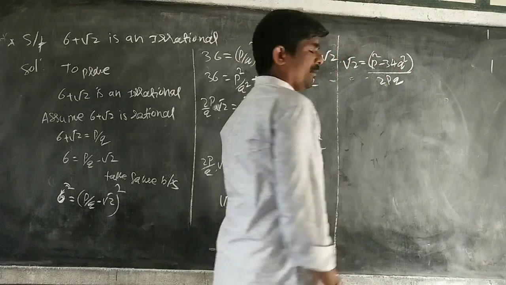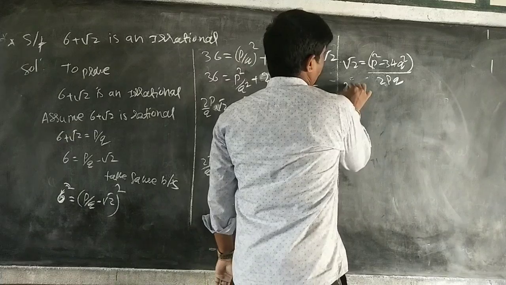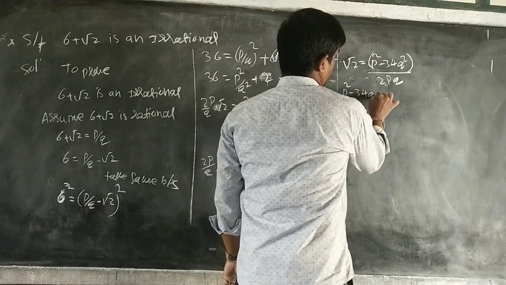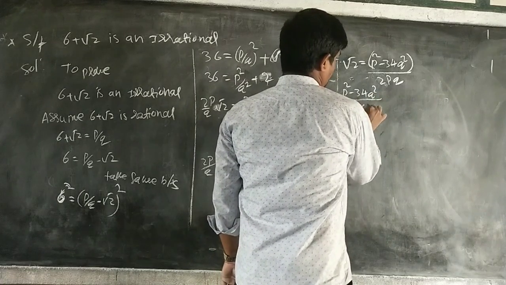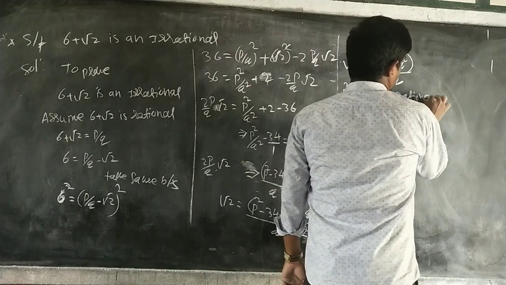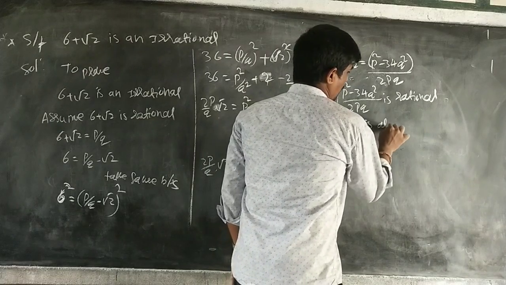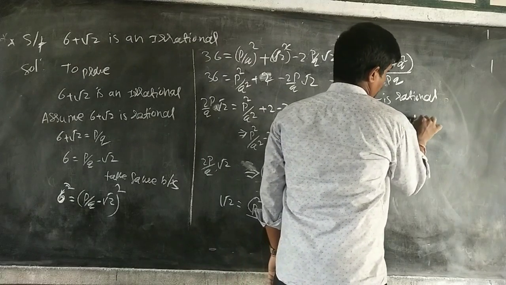This is a rational number because P and Q are integers. Therefore, P square minus 34Q square by 2PQ is a rational number. Therefore, root 2 is also rational.